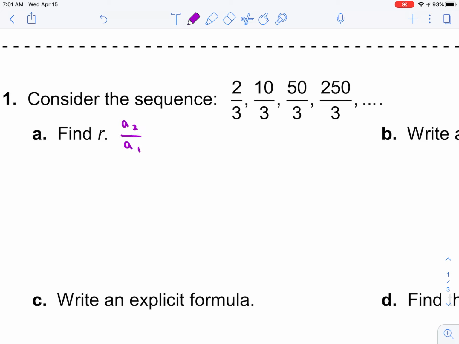In this case the second term is 10/3, and you divide it by the first term. If you multiply by the reciprocal and reduce 10/2, you get the value of 5. Again, this isn't necessary if you saw right away that we're multiplying the top by 5, the bottom staying the same, so that's like multiplying by 1. If you got that common ratio of 5 that way, that works as well.